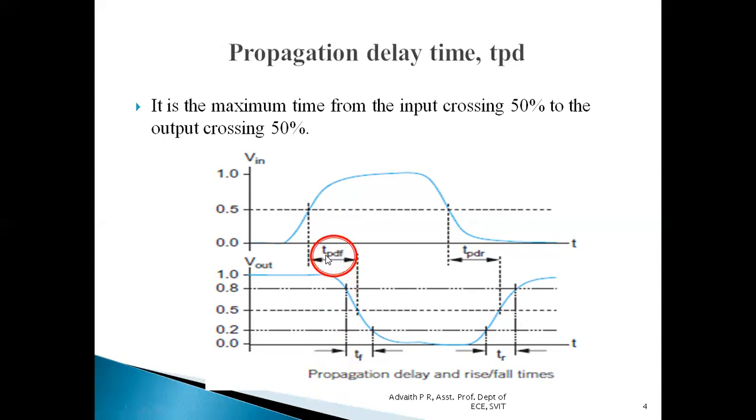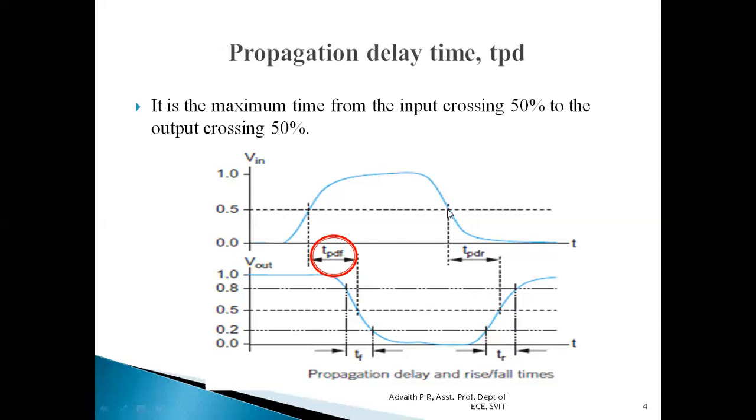We have written it as TPDF, propagation delay time for the falling edge. We always consider the rising edge or falling edge with respect to the output waveform. With respect to the waveform shown here, this is the falling edge, hence it is considered the falling edge propagation delay. Similarly, we have one more propagation delay here, TPDR.